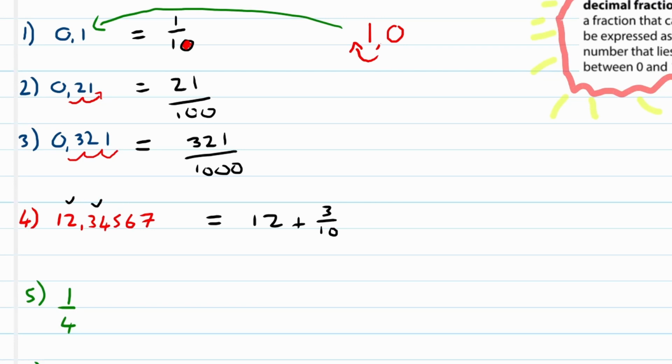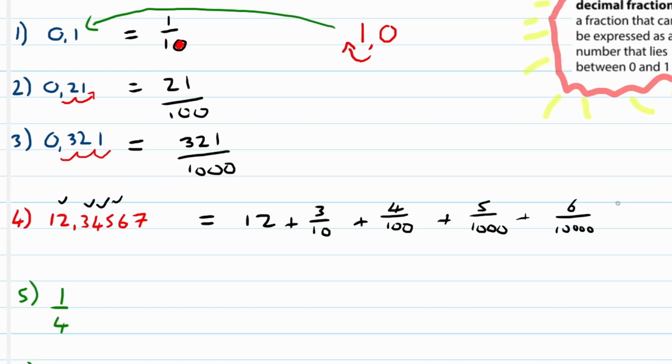We've got the 12. Plus, remember now it's a 0.04, so that is a 4 divided by 100, because the comma needs to move 2 places. For the 5, it needs to move 3 places, so that would be plus 5 over 1,000. And then the 6 will have to move 4 spaces, so it's over 10,000.